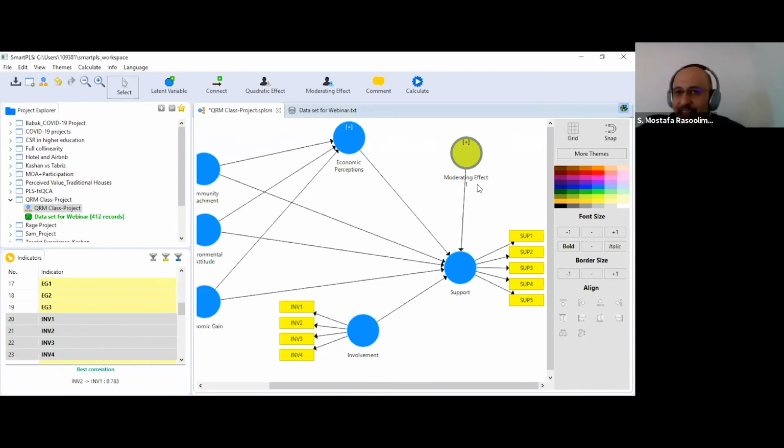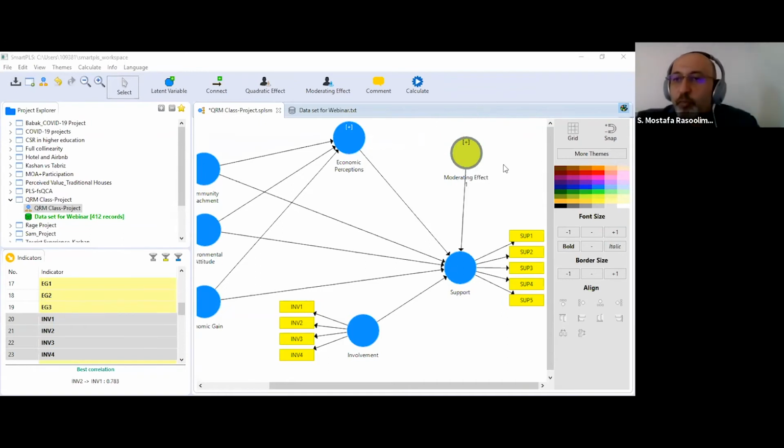Actually, this moderating effect is economic perception interact, multiply, involvement. So this is the interaction term. Economic perception interact involvement, right? So this is the interaction term.